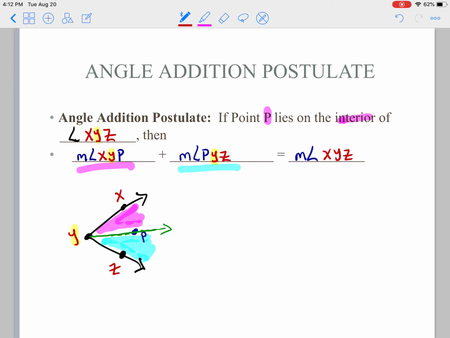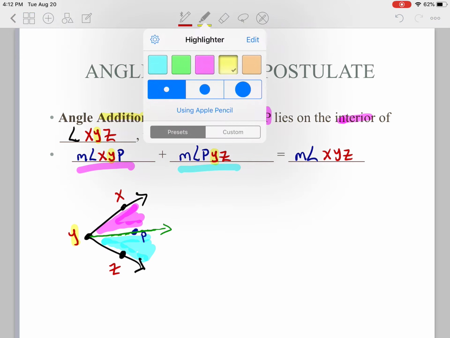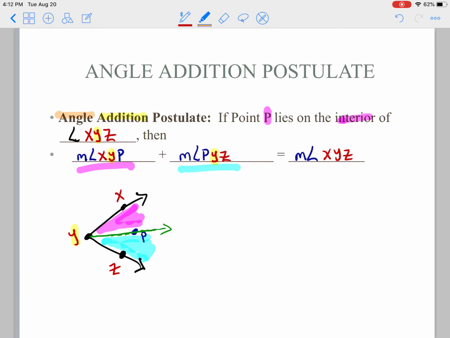This is very similar to the segment addition postulate, except we're using angles. We are still adding, only this time we are adding angles.